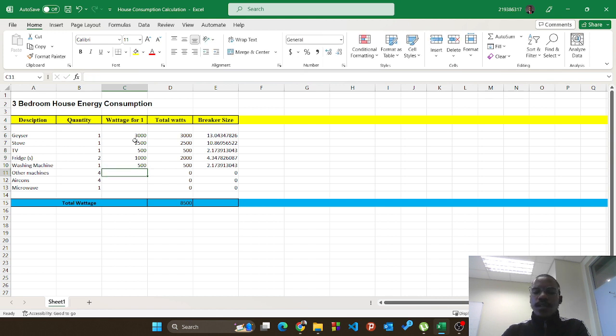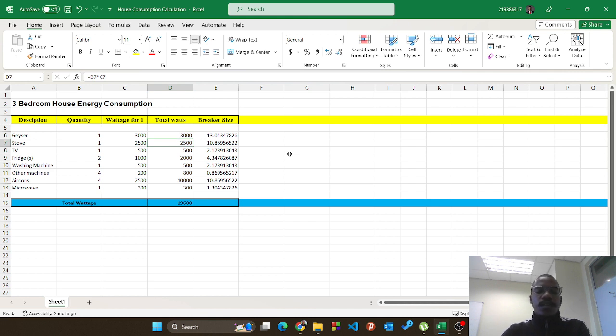Other machines, we can look at pressure cookers and stuff like that. They'll usually have 200 watts, and because they are four, it will do the wattage calculation already. For normal ACs, they would have 2500 watts, and a normal microwave can have 300 watt usage.